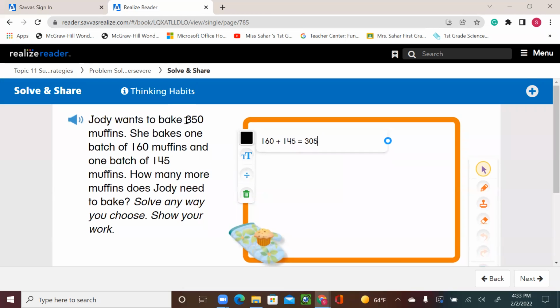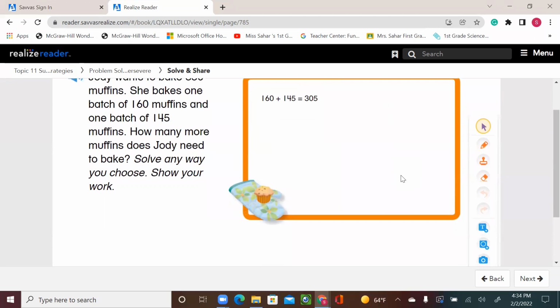What was her goal? 350. The second step, her goal minus what she baked already. So 350 minus 305. And again, you can use any strategy to add or subtract. So if you want to draw place value, you can do that. So let's see.